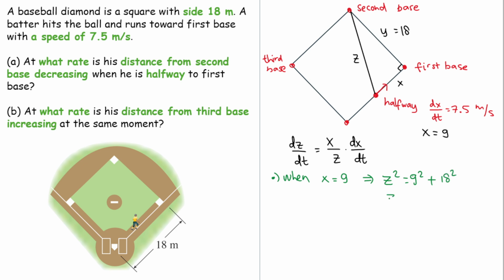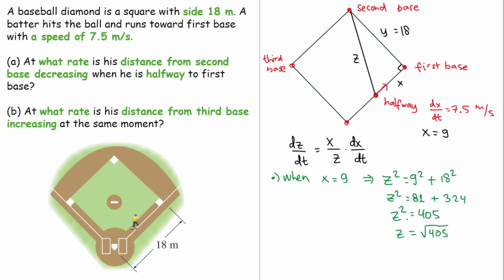And therefore, we will have z squared here is equal to 81 plus 324. Okay, and then z squared is 405. Or we can isolate it for z, which is the square root of 405.